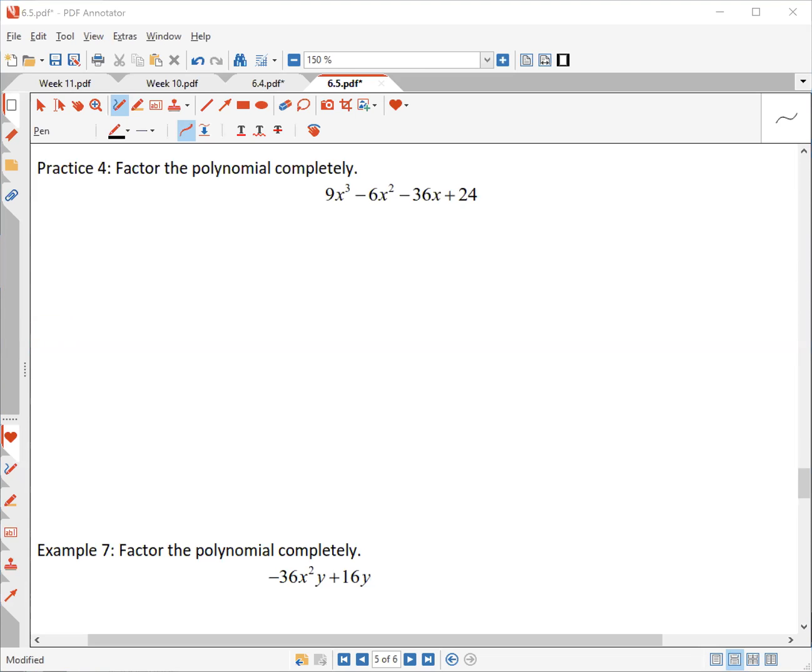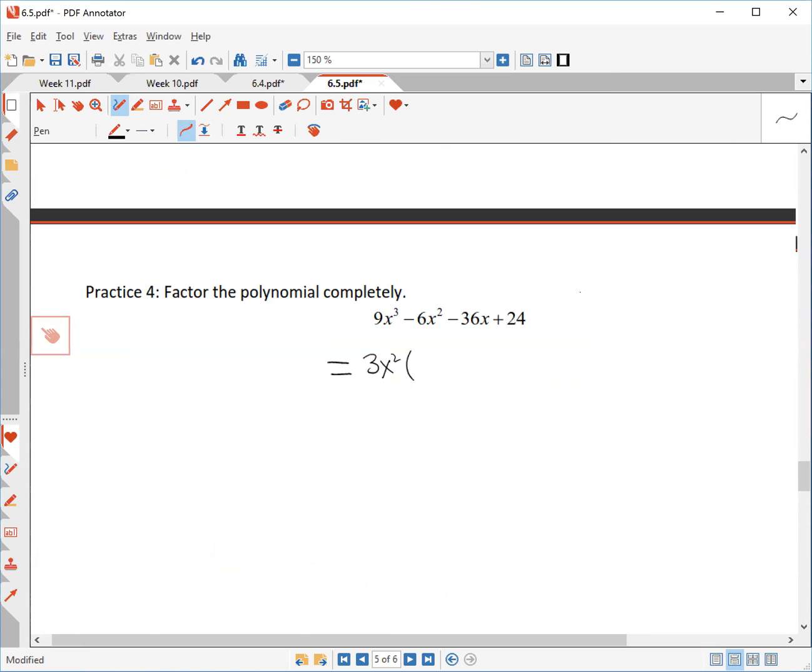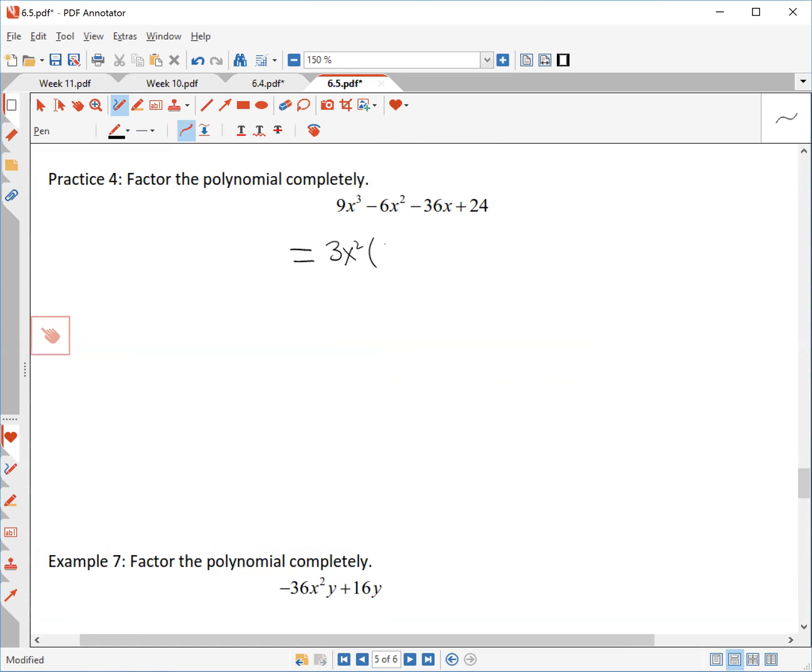All right, I like to just go ahead and factor these by grouping first and then look for GCFs in the end. So I'll take a 3x squared out, which will leave me with 3x minus 2. From these, I factor out a negative 12, which will leave me with 3x minus 2. So we factored out the 3x minus 2, and we have 3x squared minus 12 in front.